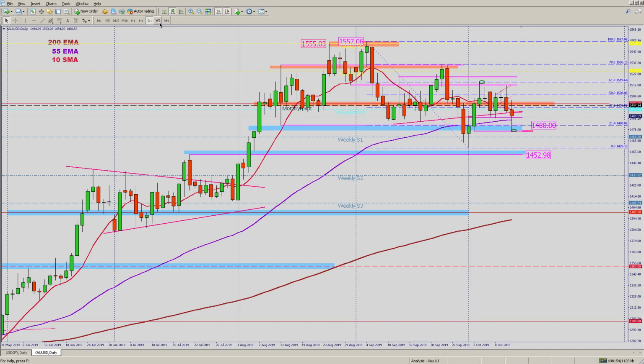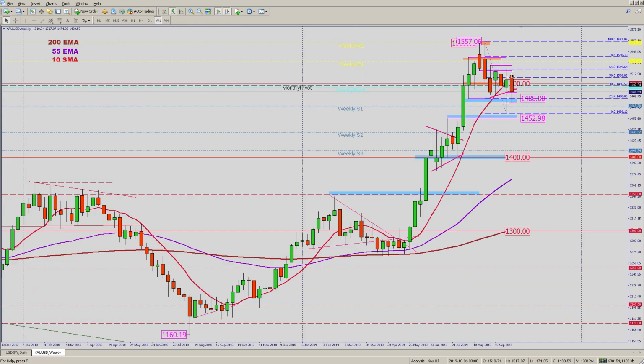So on a weekly time frame, it's been a wide-ranging week of over 400 pips, but with a bearish bias.